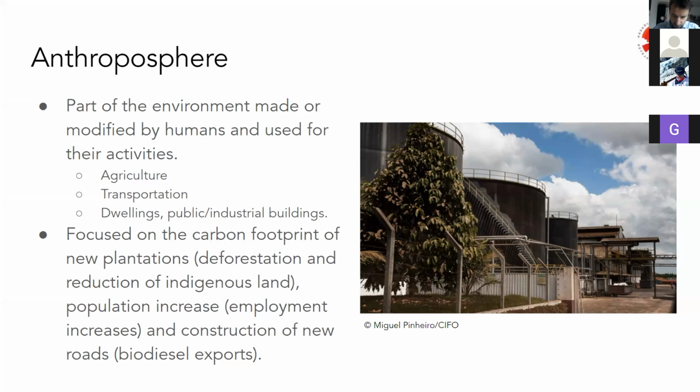So it'll take a deeper look at the carbon footprint of new plantations, deforestation, reduction of indigenous lands, the population increase, which also is an employment increase, and then leading to construction of new roads to continue exporting.